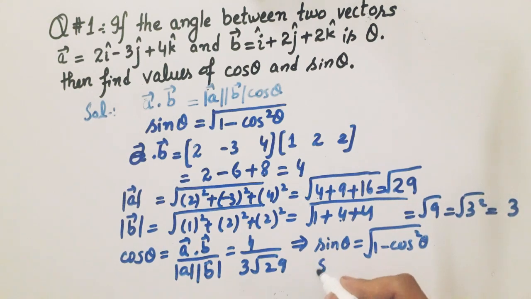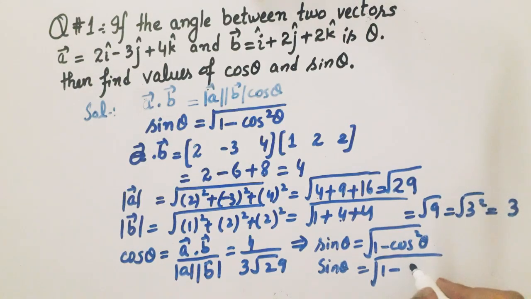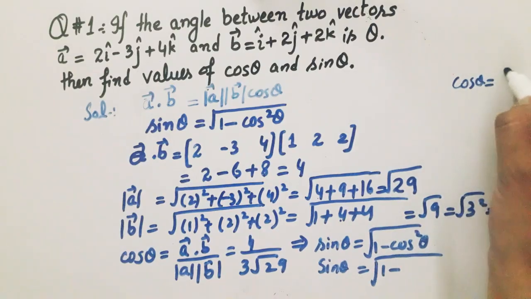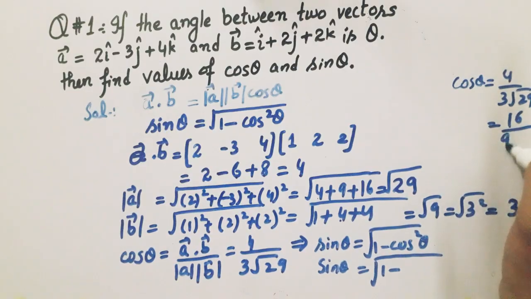So sin theta is equal to the square root of 1 minus cos square theta, where cos theta is equal to 4 by 3 square root 29. So cos square theta will be equal to 16 by 9 into 29. This is the value of cos square theta.